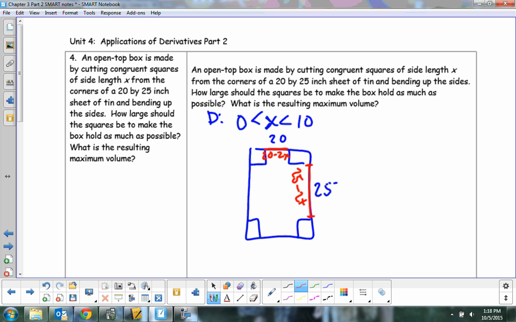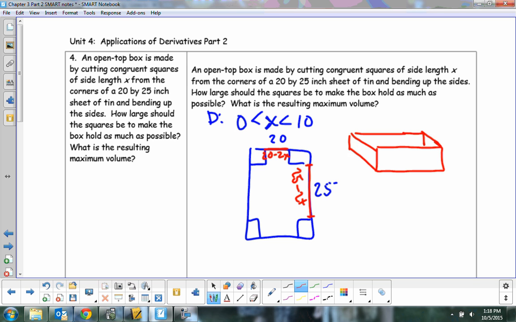So it looks something like this now. Okay, so I made this open box going on.